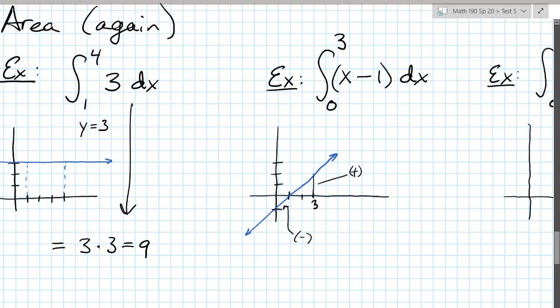If we look at the shapes, we see a triangle here and a triangle there.